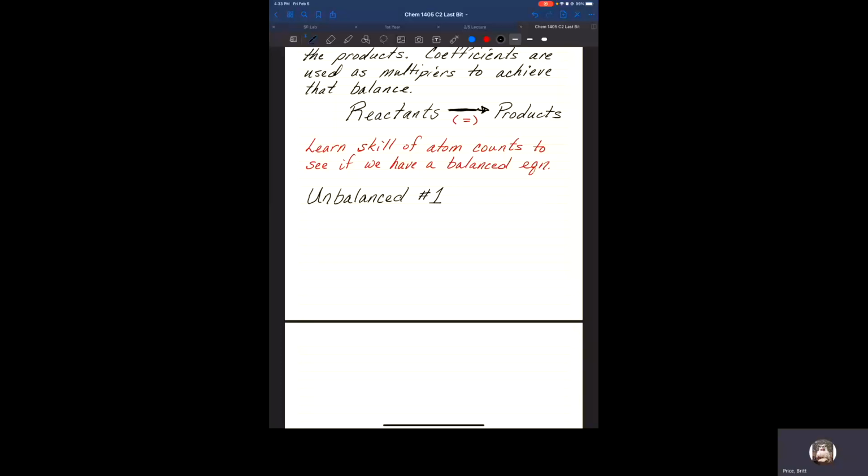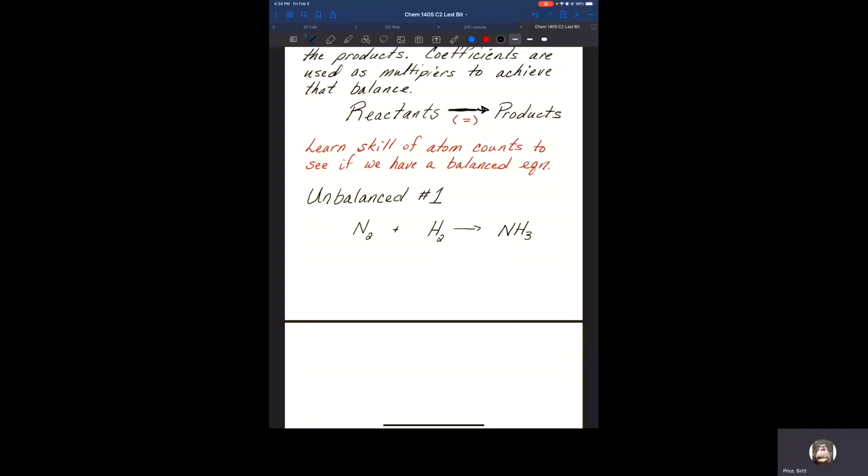Unbalanced expression number 1 is the formation of ammonia from its elements. So that would be N2 plus H2 goes to make NH3.